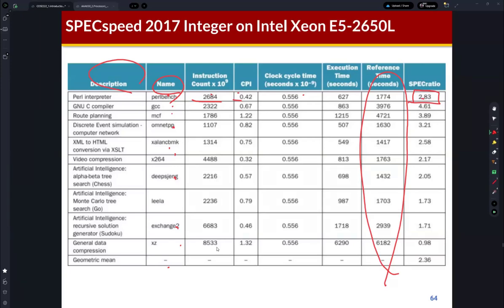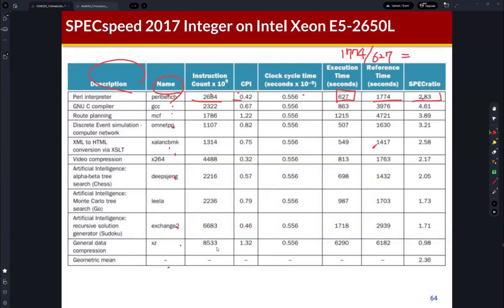For example, for perlbench, this is the execution time of my machine, and this is the execution time of the reference machine. Then what is the performance of my machine compared to the reference machine? It's 1774 divided by 627.